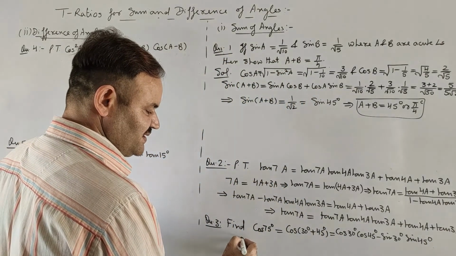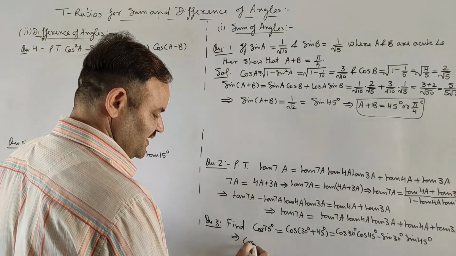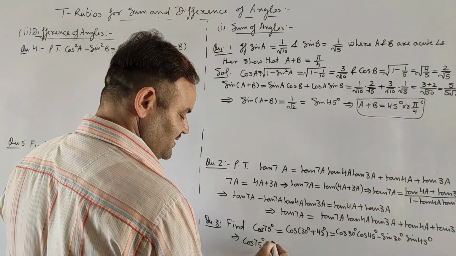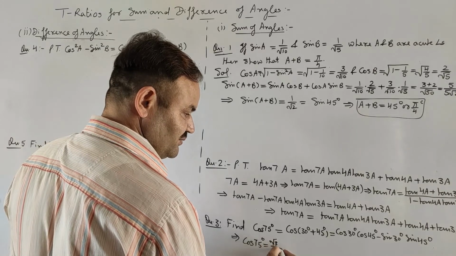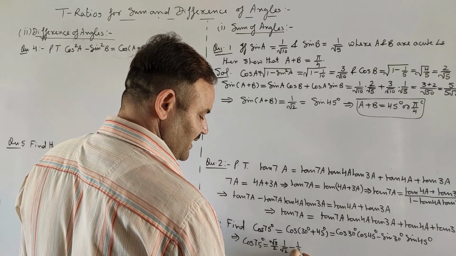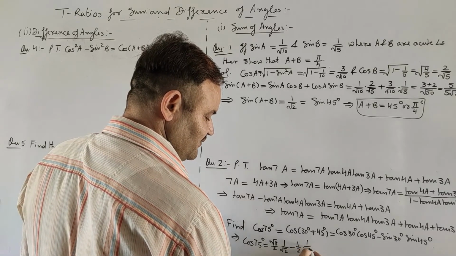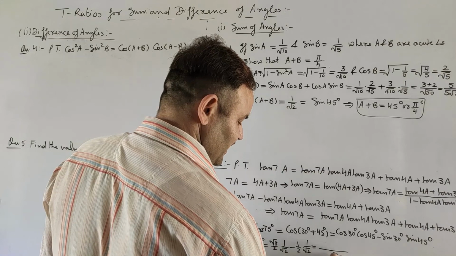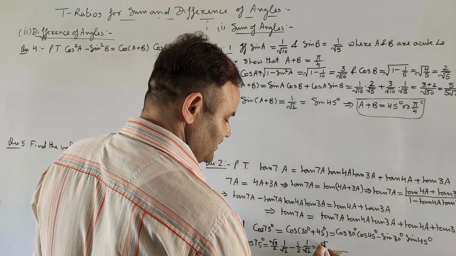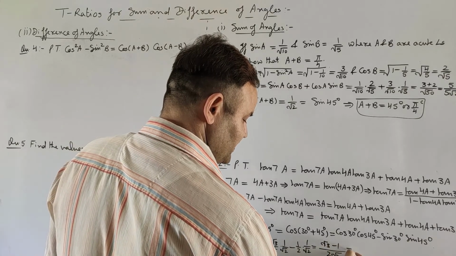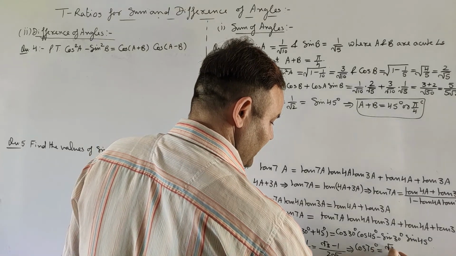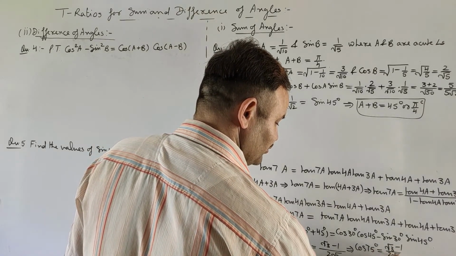This implies cos 75 degree is equal to cos 30, that is root 3 by 2, cos 45 is 1 by root 2, minus sin 30 is 1 by 2 into sin 45 is 1 by root 2. So LCM will be 2 root 2 and we will get root 3 minus 1. So cos 75 degree will be root 3 minus 1 upon 2 root 2.